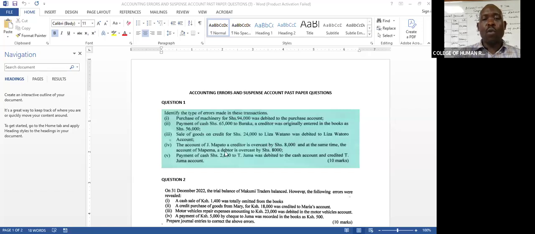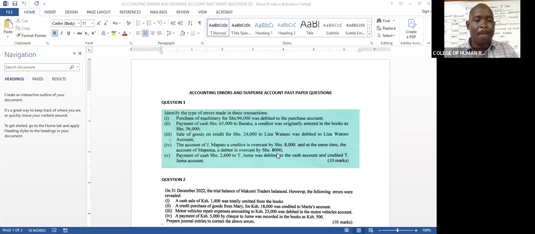At the same time, we overcast the debit. Because a creditor is normally credited, we recorded 8,000 more on the credit of the creditor. Then at a later date, we come and overcast the debit by the same amount. So the excess amount on the credit is the same excess amount on the debit. They cancel out, they compensate each other. Those errors are known as compensating errors.